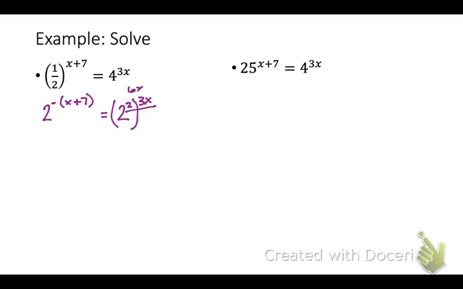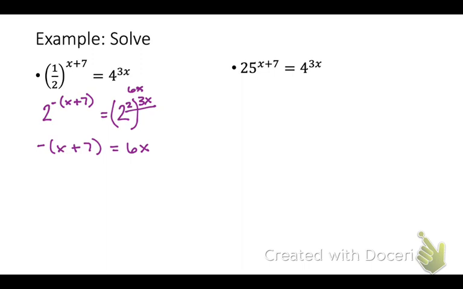Now are my bases equal? So that means my exponents are what? Equal. So I have negative x plus 7 equals 6x. And now I just have a basic algebraic equation. What do you want to do first?